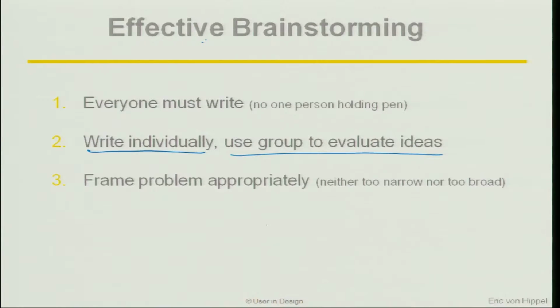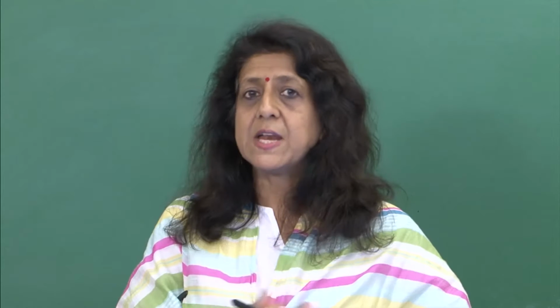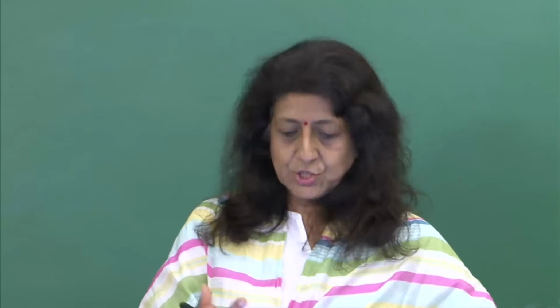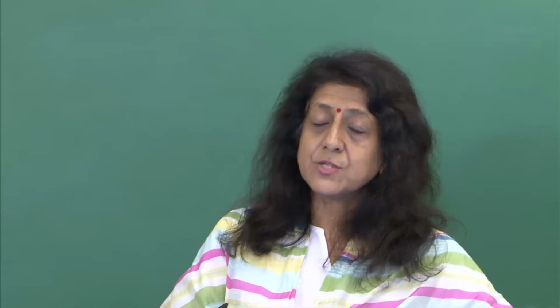And then frame the problem appropriately, neither too narrow nor too broad. Too narrow is design a vase. Too broad is that we're going to do something about the education of all children everywhere. That's too broad. It was narrowed down to, we're going to focus on the first 5 years of life and how parents can ensure that children's first 5 years of life are enriched, right?